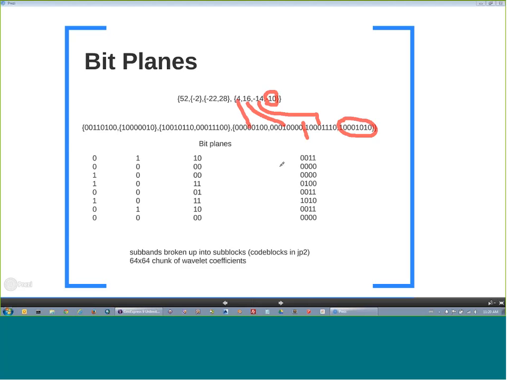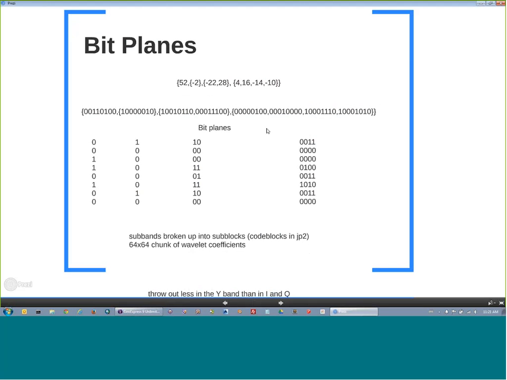This 4 is represented by this number. And again, in this subband, we have a 28 represented here, a -22 represented there. These are their binary equivalents. Over here, we've got a -2. So hopefully you can see what I'm doing there, just converting these numbers into their binary equivalents. So it's still the same values, still the same numbers.